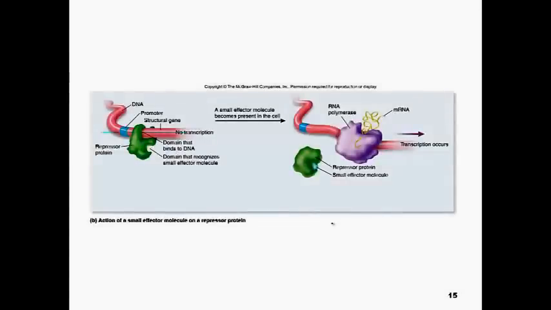So here's a great example of how a small effector molecule can impact the repressor protein. So let's say there's no transcription of the gene currently. Let's say this is a protein that's involved in lactose metabolism. And when there's no lactose around, why express the gene? So this repressor effectively shuts off expression of that structural gene. Now let's say lactose is available.